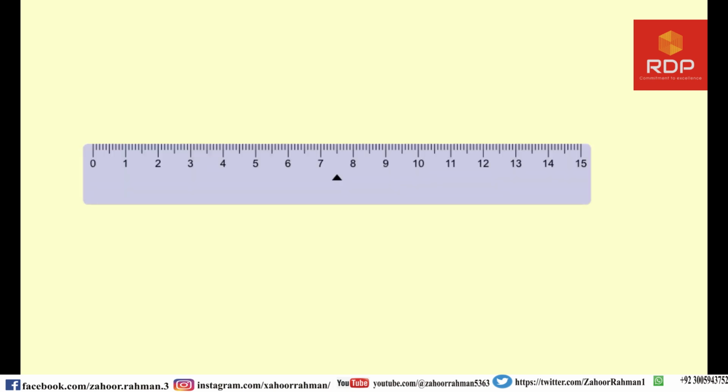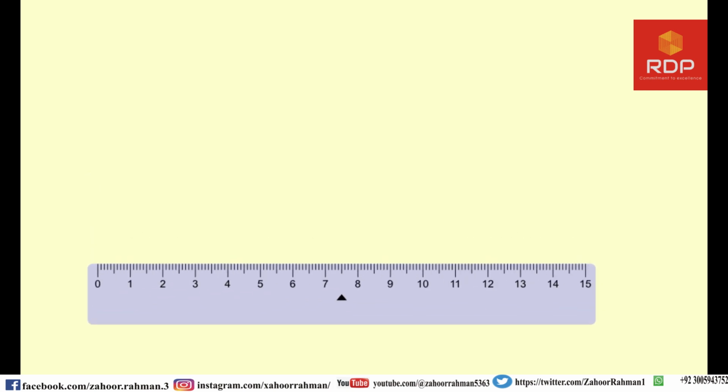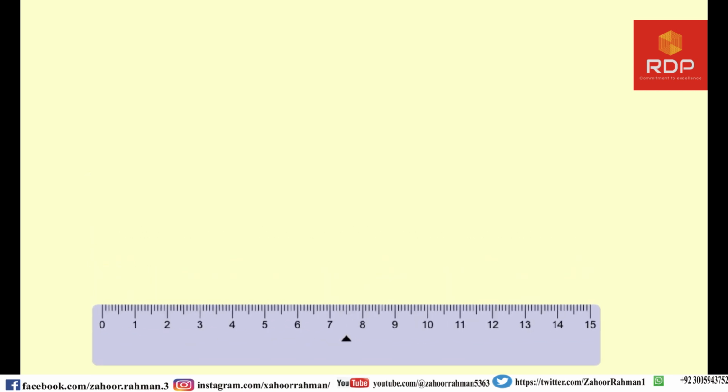Okay, so first of all, I am drawing a line which is 8 centimeter. The longest side is the 8 centimeter, so let me draw it as 8 centimeter.